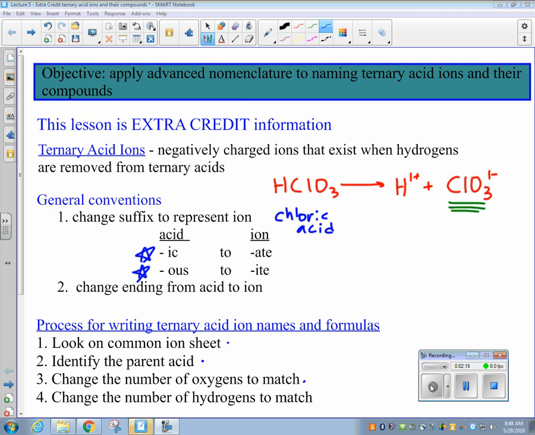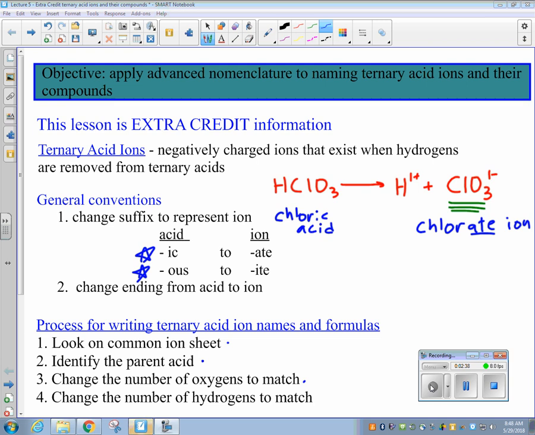So recognizing that chloric acid is an ic acid, the name of the ion formed from the dissociation of chloric acid would therefore be the chlorate ion. Again, an ic acid generates an ate ion.